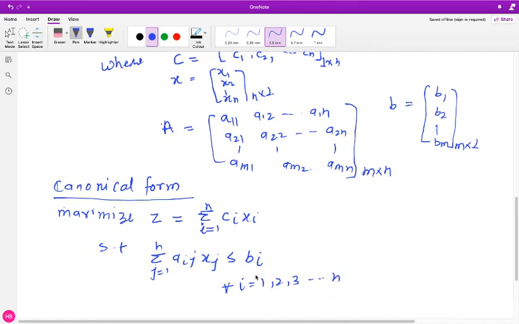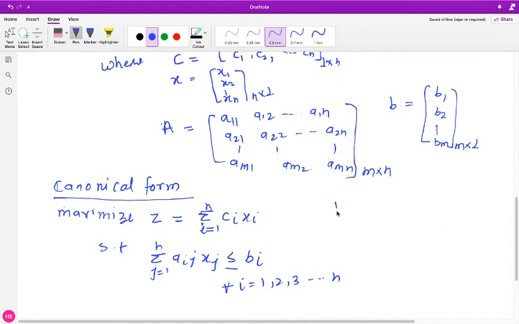So here in canonical form, if a maximization problem is given to us, then it is already in canonical form. If any minimization problem is given to us, then we can convert that into a maximization problem. And the second thing is the constraint. In canonical form, all constraints are going to be less than or equal to constraints.